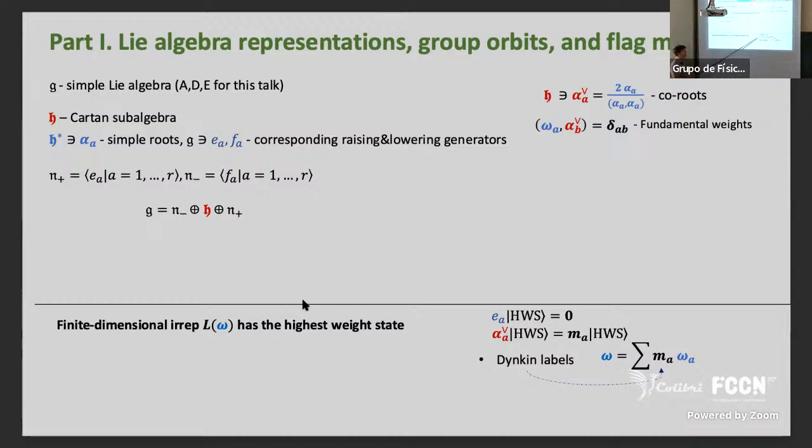The highest weight is characterized by the property that all raising operators annihilate it, and the Chevalley generators from the Cartan algebra acting on the highest weight produce integers called Dynkin labels. So the highest weight is expanded on the basis of fundamental weights with these integers. This is the basic data you need to know.